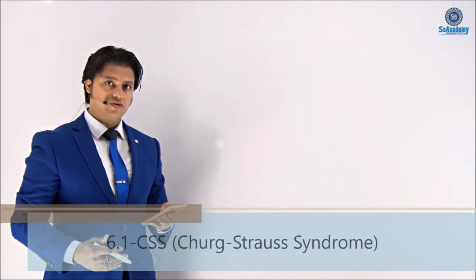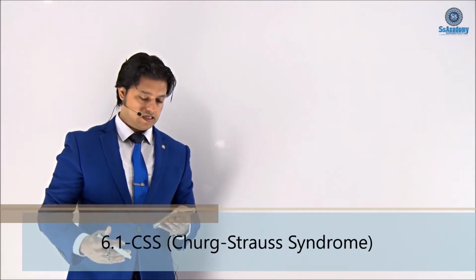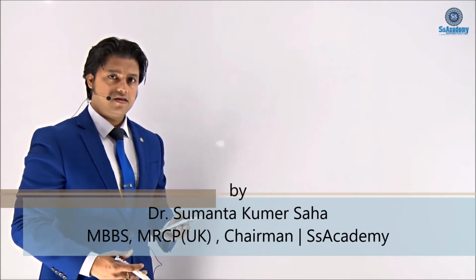Churg Strauss syndrome is really an important disorder, strongly associated with bronchial asthma. Before going to Churg Strauss syndrome, I'd like to go through the disorders strongly associated with bronchial asthma.